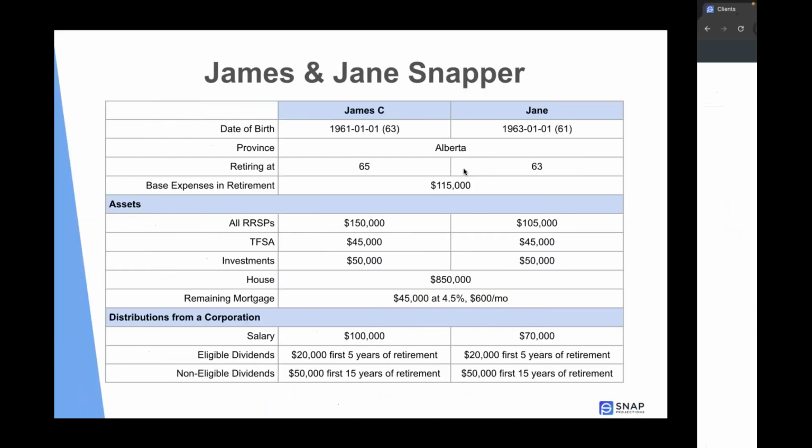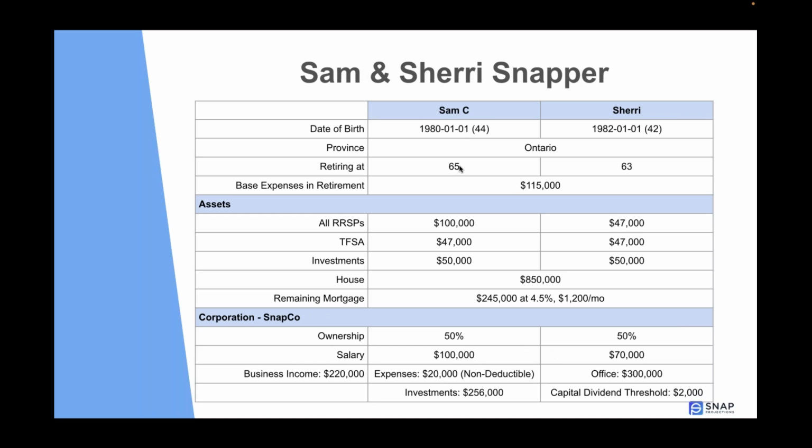So the main focus of our presentation is the next couple, which is Sam and Sherry Snapper. They're in their 40s. They have some savings, a house, and a mortgage. It's pretty straightforward. But they also own a small business together that accumulated some cash in their investment account.